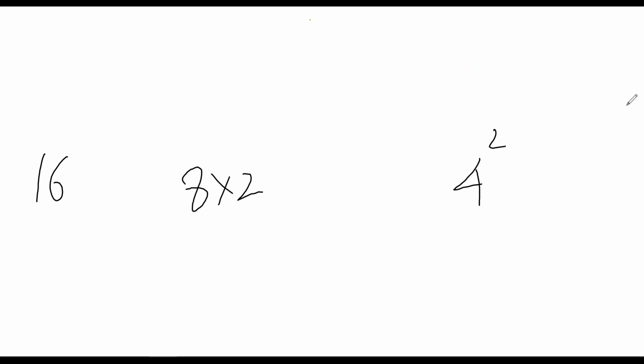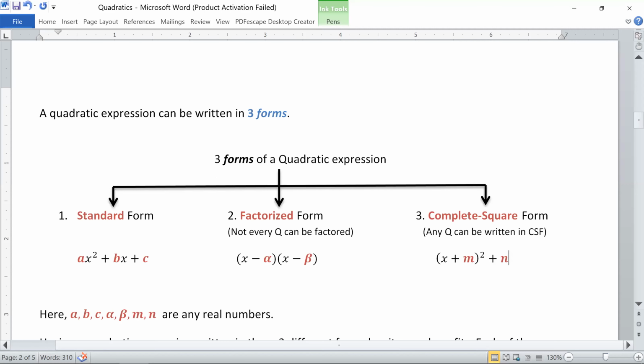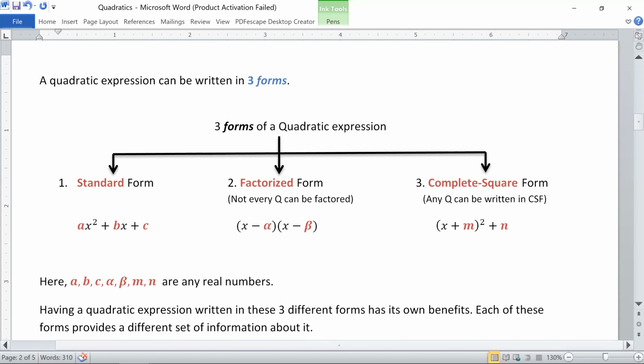So if I go back to the note, I just wanted you to understand that this is not something very alien. It's something that we can even talk about with numbers, right? So when you have a quadratic, you can try and write it in factorized form and complete square form.